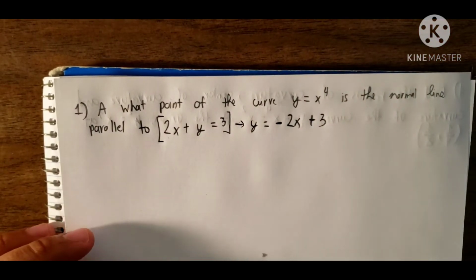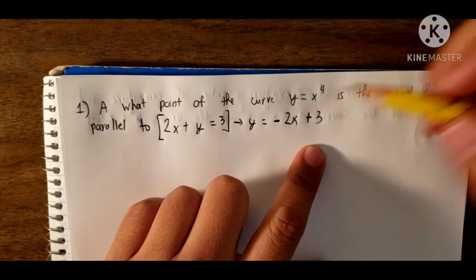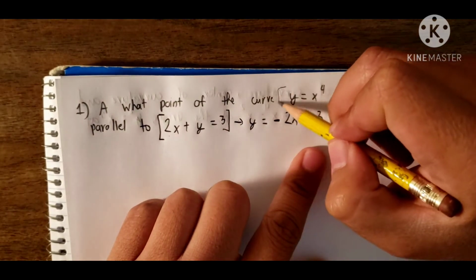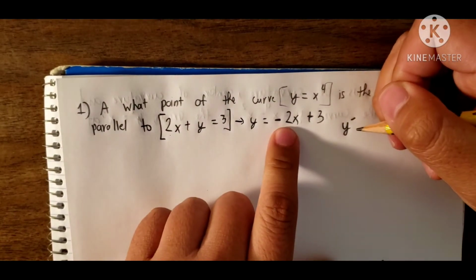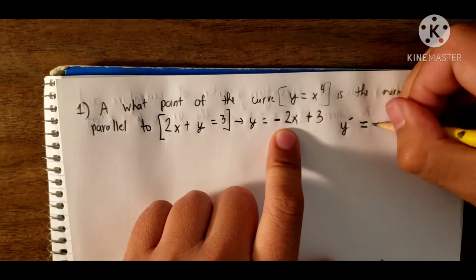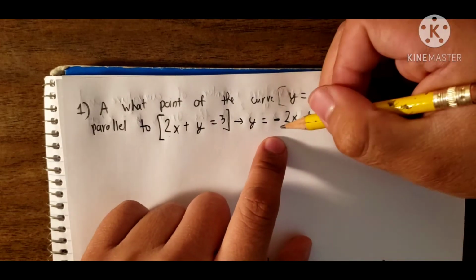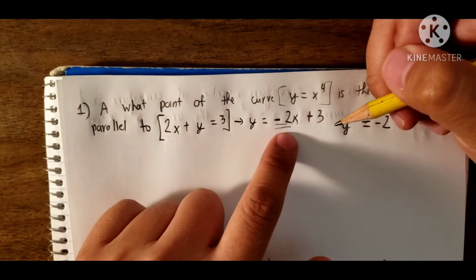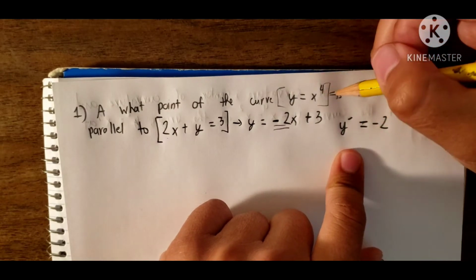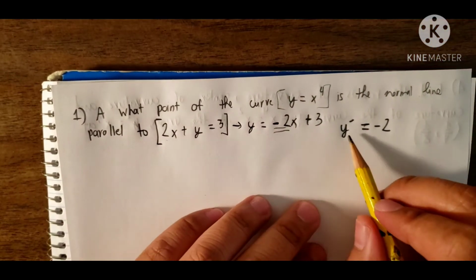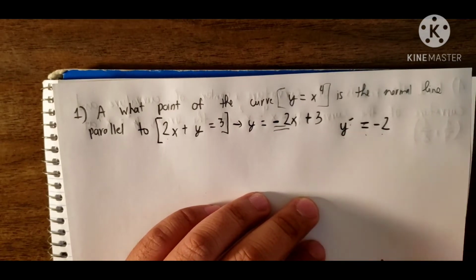Because they are parallel, if we want to find the normal line of this curve, the first derivative should be the same as the minus 2 in here. Because they are parallel, the coefficient of this line is similar to the first derivative of this curve. So that's why we have first derivative equal to minus 2.